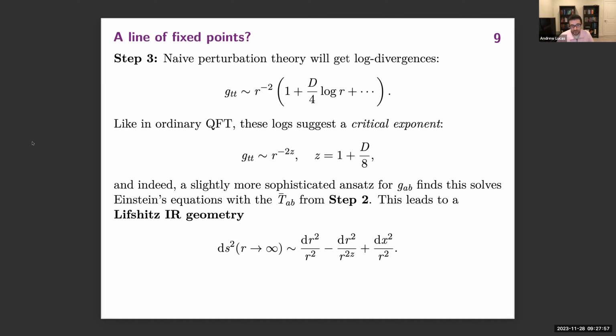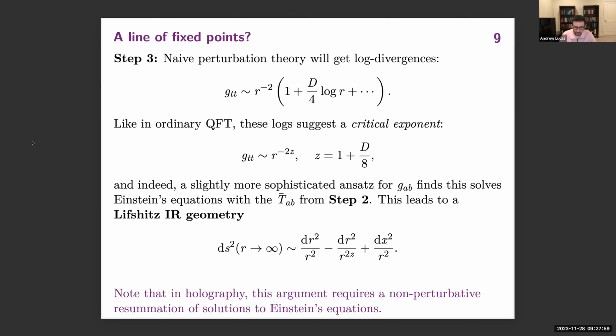And one thing I'd like to stress is that in holography, this argument already requires a non-perturbative resummation of the bulk solutions, okay? So you can't do a crude perturbation theory in D. You always need to be very careful when handling this disorder, okay?